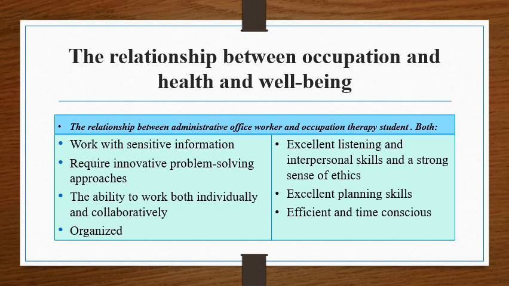Also, it must have innovative problem-solving approaches, ability to work both individually and with other group members, have organization skills, and finally, in both cases, employees must have excellent listening and interpreting skills, a strong sense of ethics, excellent planning skills, and be time conscious as well.